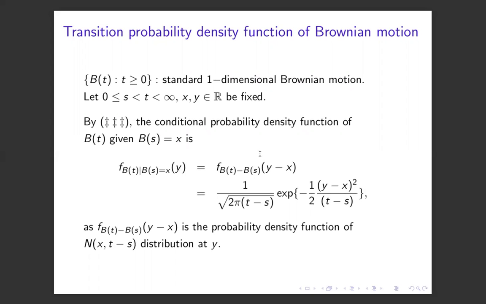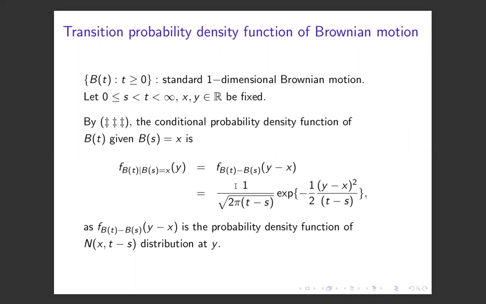And since we know that B_t minus B_s has the normal distribution with mean 0 and variance t minus s, evaluated at this point, it is 1 over the square root of 2 pi times (t minus s), multiplied with e to the power minus half (y minus x) whole squared divided by (t minus s).